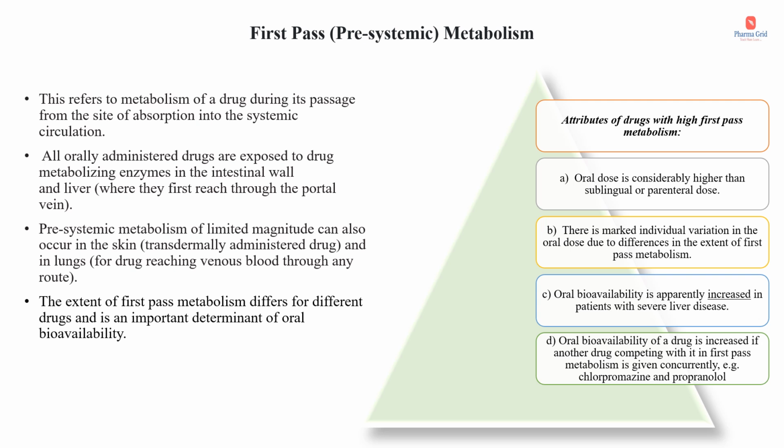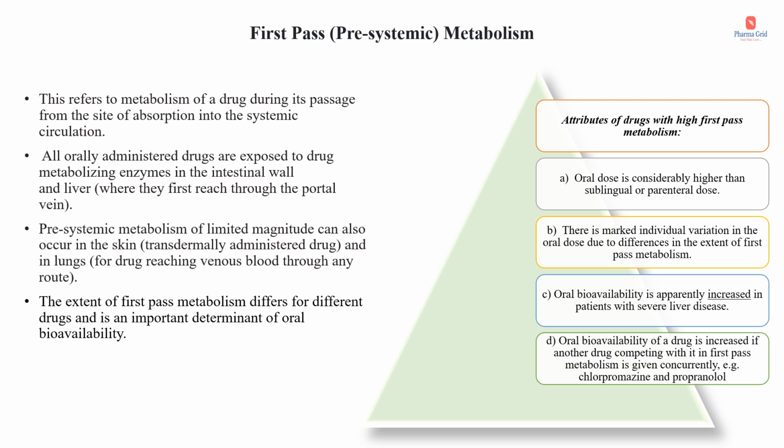The extent of first pass metabolism differs for different drugs, and it is an important determinant of oral bioavailability. Suppose a drug has high first pass metabolism, it means that the drug will not be effective by the oral route. Here you can see the attributes or features of drugs with high first pass metabolism. The first one is that the oral dose is considerably higher than the sublingual or parenteral dose.